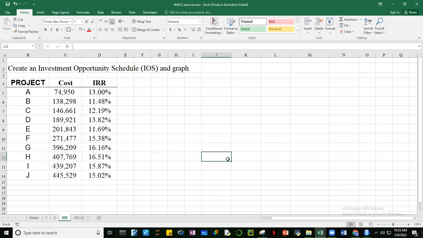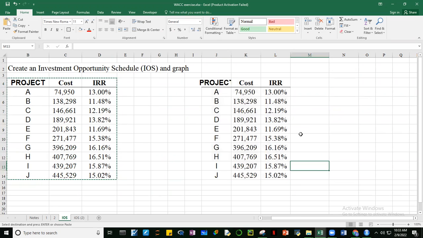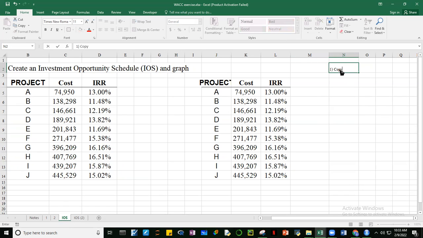Okay, so let's learn how to do this. 15 minutes kaya natin to. So first, let's copy this para ma-preserve lang natin tong data na to. Control C, Control V. Okay, so I'm copying it, no? Lagay ko dito yung steps. Copy the table. And then number 2, sort.